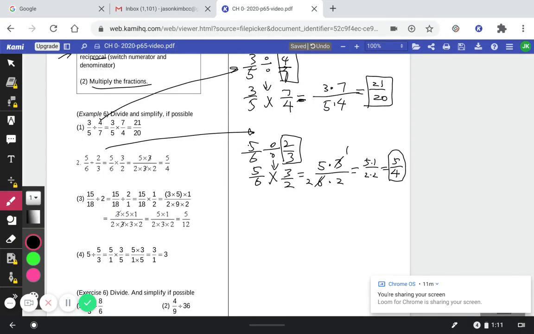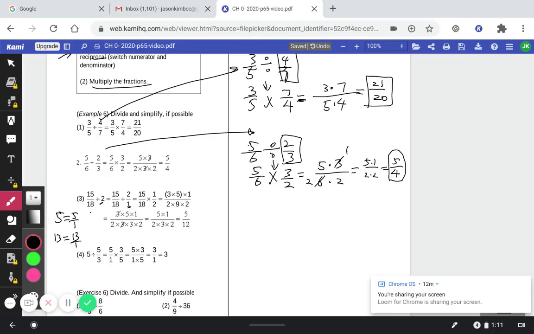Now, what if you have an integer, like 2, dividing a fraction such as 15/18? Then all you have to do is change that integer into 2 over 1, because any integer is over 1. Like 5, if you want to change it to a fraction, it's 5 over 1. If you have 13, that's the same as 13 over 1 in fractional format.